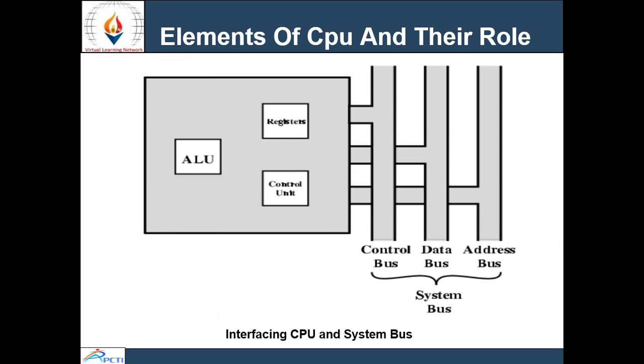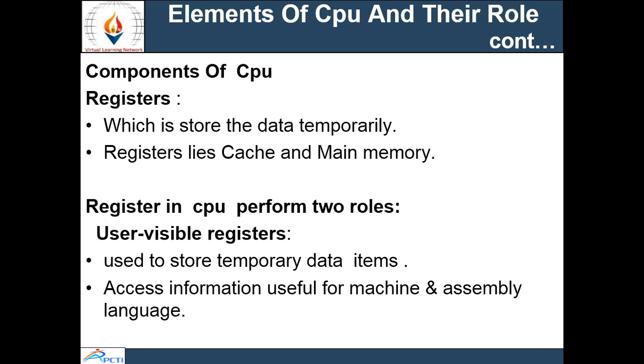This figure presents the components of a CPU. CPU has three components: control unit, arithmetic and logical unit, and a set of registers. Components of CPU. Registers. A register is used to store data temporarily.